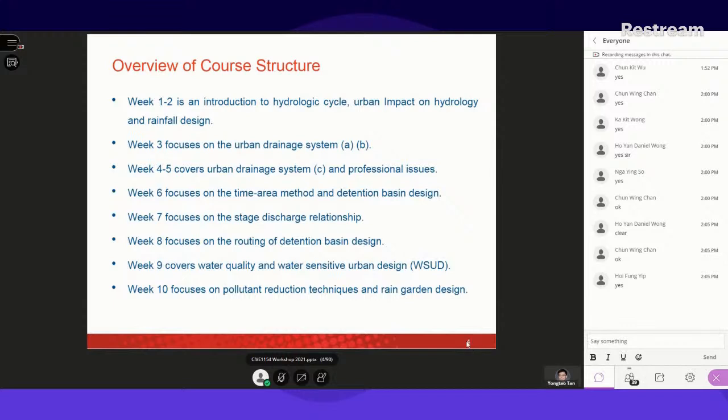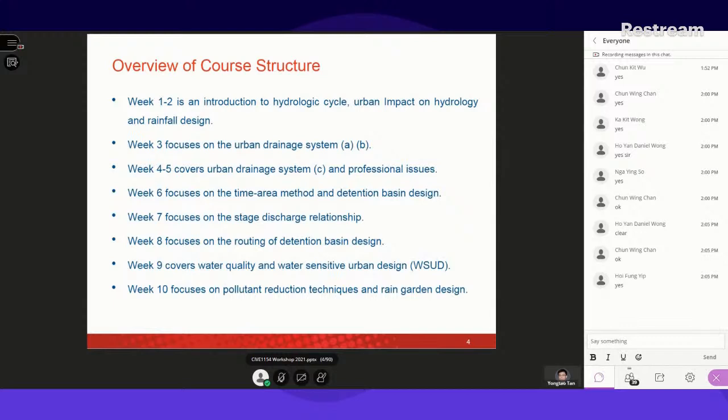For storm water management, this course involves the design of drainage management and the maintenance of the drainage system for 2 purposes. One purpose is to prevent flooding if there's a rainstorm, and also to improve the water quality before discharging this water to the receiving bodies.